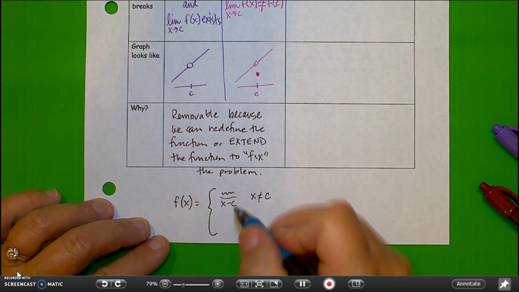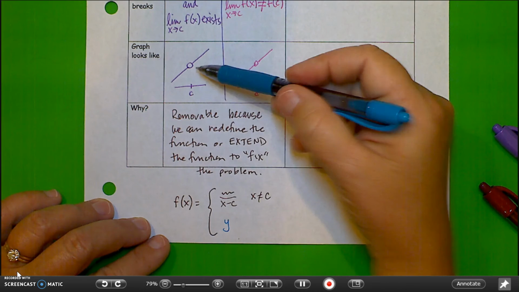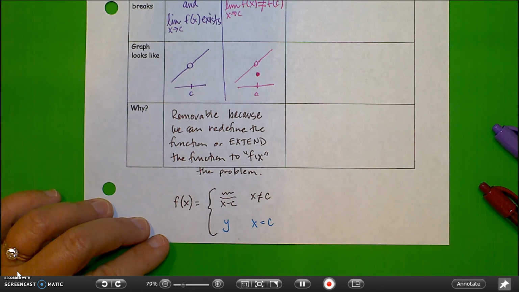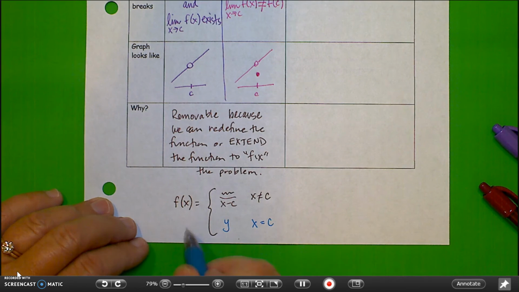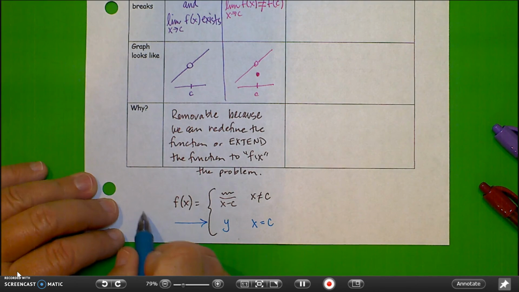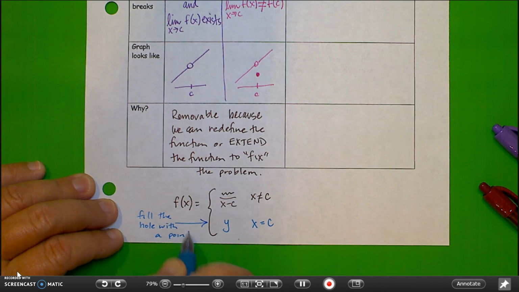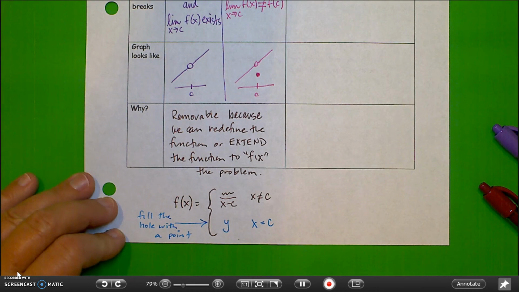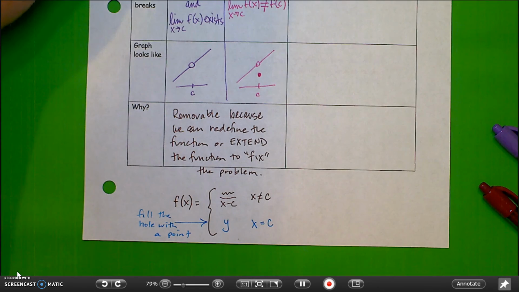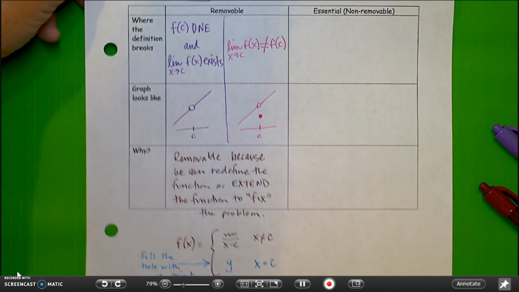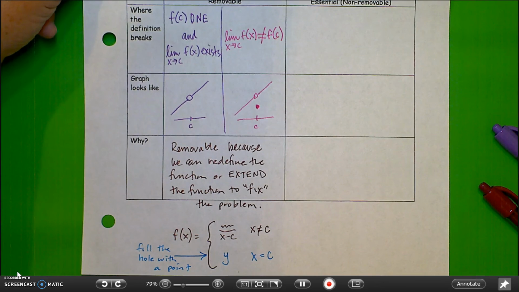And then the other function, we would have the y value that we need to fill the hole. And that would be what is valid at x equals c. So basically, what we're doing here is we fill the hole with a point. So it's just temporarily redefining the function so that the discontinuity is removed. Then you're left with just a continuous function.